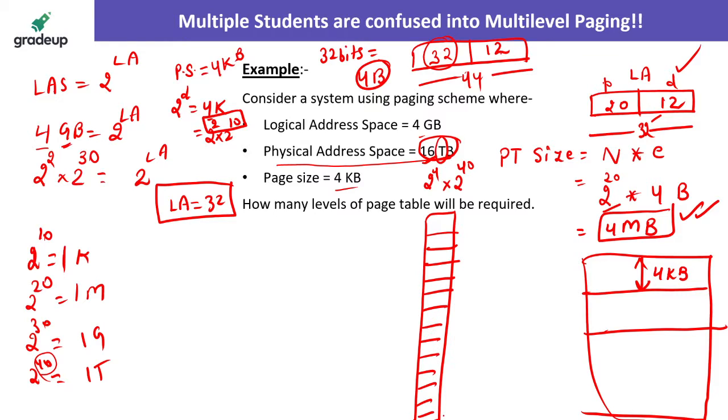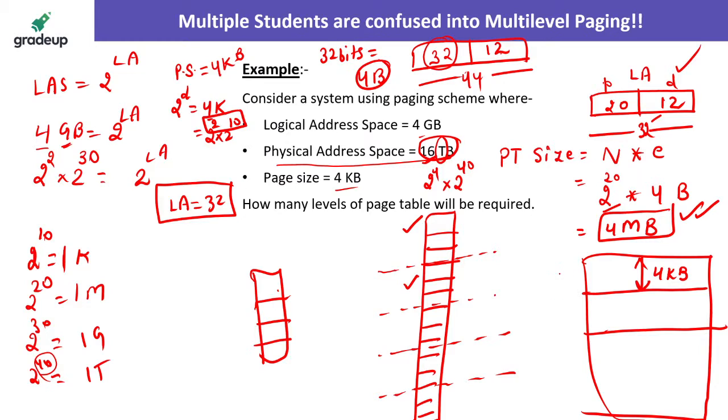So what you will do, you will divide your page table, right? And then you will store it in multiple pages, so that we will require one more page table about which page is loaded on which frame number. So you will keep this record, right?